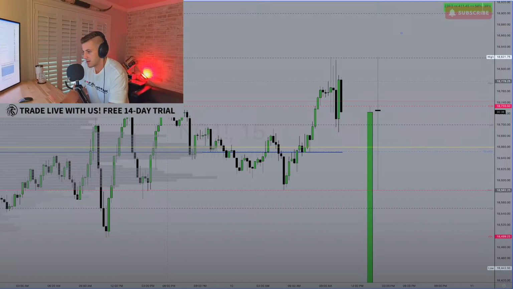So NQ back into that VWAP area, 700 just below.